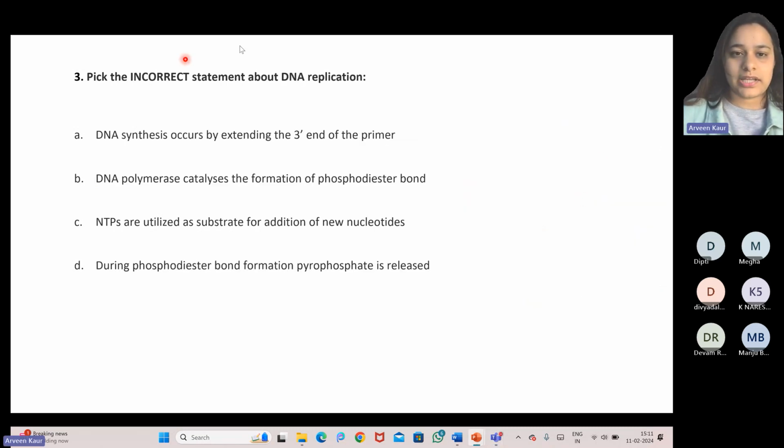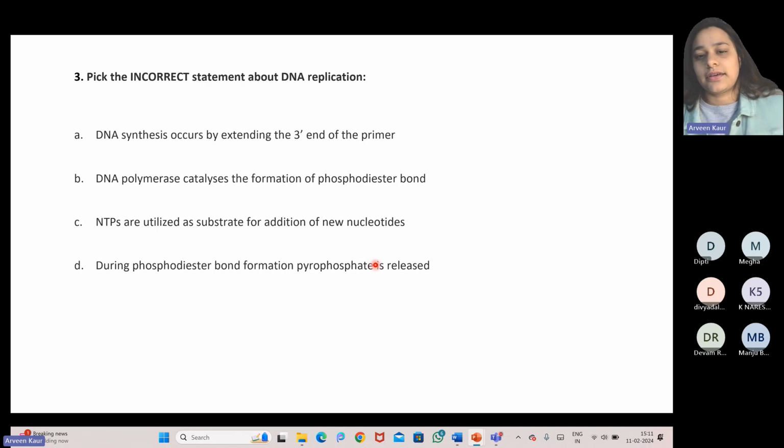Okay, so that brings us to question number 3, which says DNA synthesis, pick the incorrect statement about DNA replication, right? So DNA synthesis occurs by extending the 3' end of the primer. DNA polymerase catalyzes the formation of phosphodiester bond. NTPs are utilized as substrate for addition of new nucleotides, and during phosphodiester bond formation, the pyrophosphate is released.